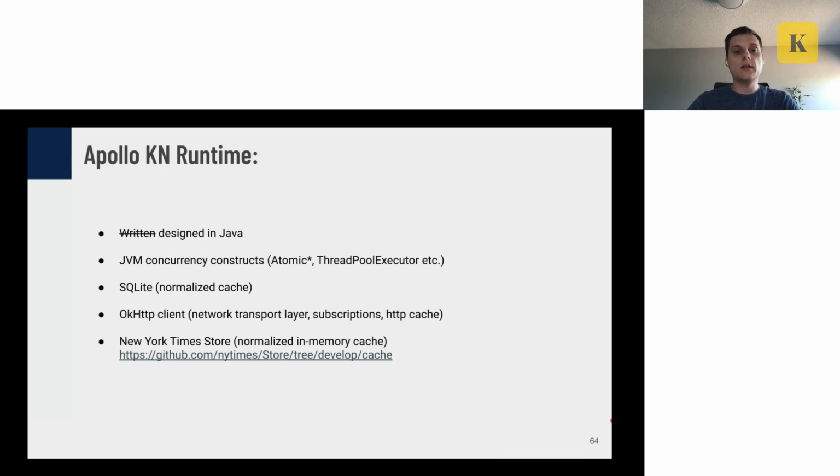Okay, HTTP client, we use that for the transport layer, subscriptions, and also for our HTTP cache. Also, we have a third-party library from the New York Times, we took the specific module related to the memory cache. It's from the New York Times Store, the old one, not the new one.